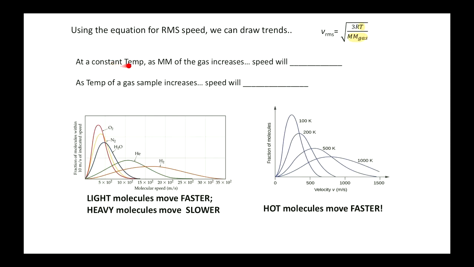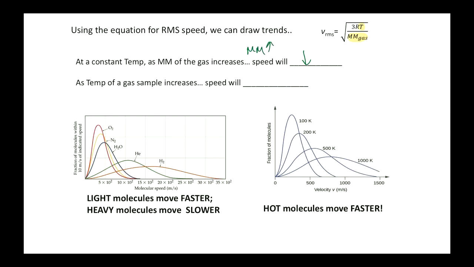So if we keep temperature constant for a sample, but we increase the molar mass of the gas, how will this speed change? How does that value change? It gets smaller, because if we make molar mass a bigger number, it's a bigger number in the denominator, so that whole number for root mean squared velocity gets smaller.